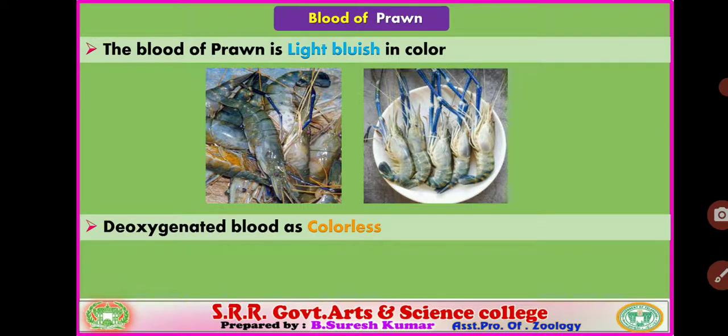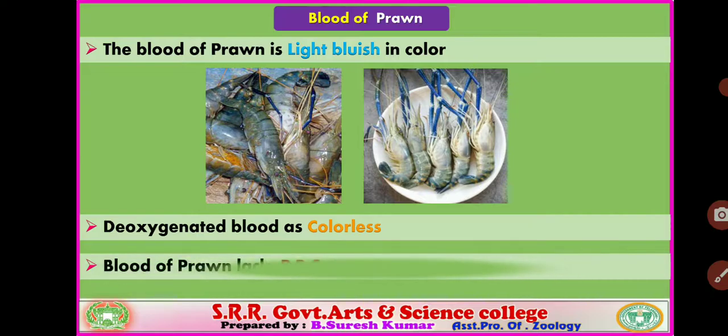When the blood picks up oxygen, the oxygenated blood appears light bluish in color, but deoxygenated blood is colorless. Yes, the blood of the prawn lacks red blood corpuscles. Generally in higher animals the blood is red in color due to the presence of red blood corpuscles, but here in the prawn the red blood corpuscles are absent. The respiratory pigment is dissolved in plasma.